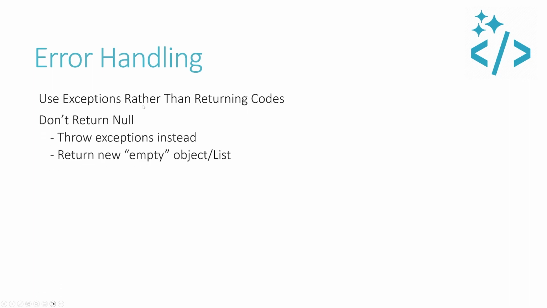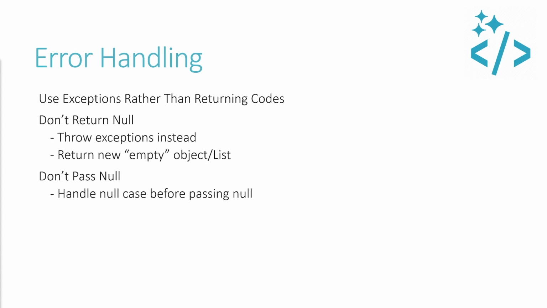We should also not return null, so methods should not return null. Instead, throw exceptions, so we separate this handling. And instead of returning null, we should better return an empty object, or an empty list of objects if the return value is a list.